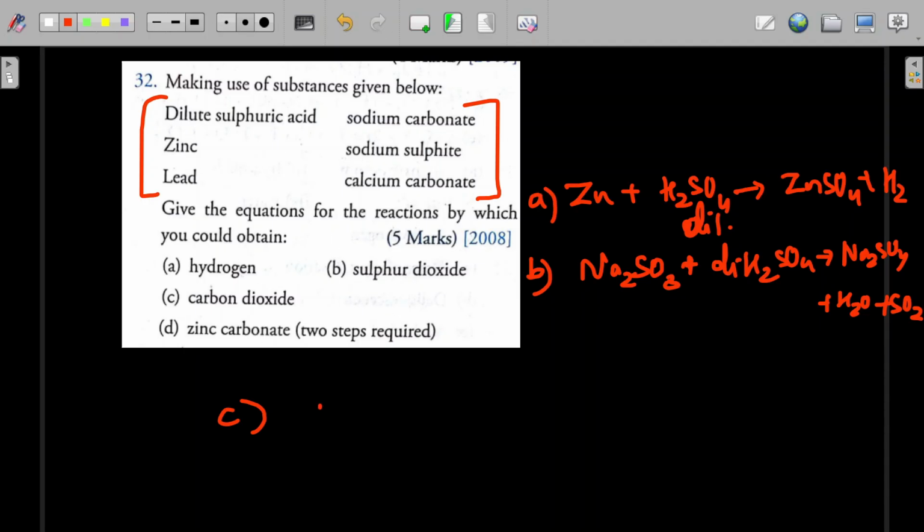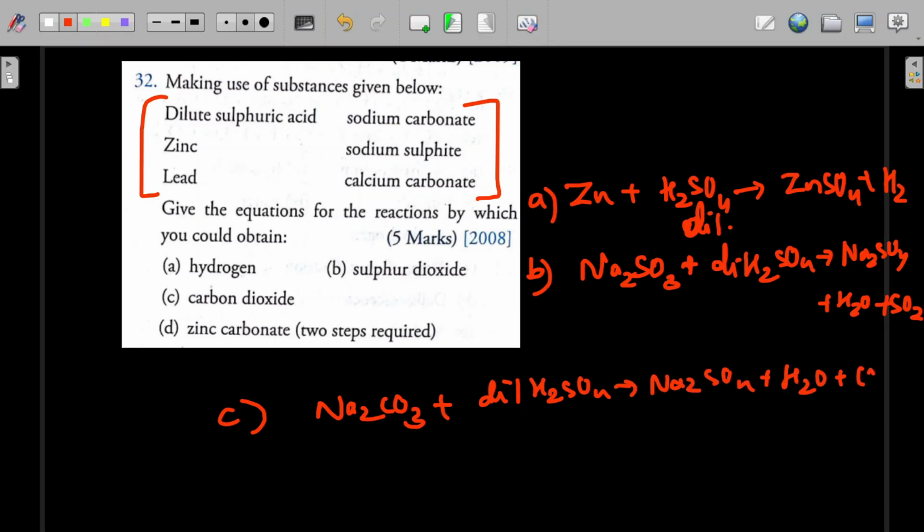Sodium carbonate or calcium carbonate also you can use, again with dilute sulfuric acid. I think we should use sodium carbonate because sodium can more easily replace the hydrogen than calcium. That we can say because calcium carbonate is a kind of precipitate and it will not dissolve, it will take more time. Yes, that can be done.